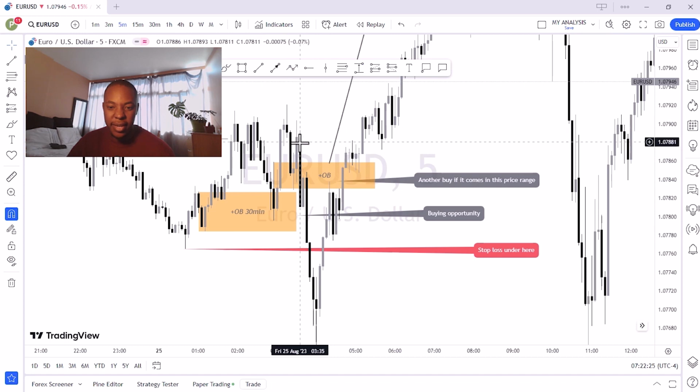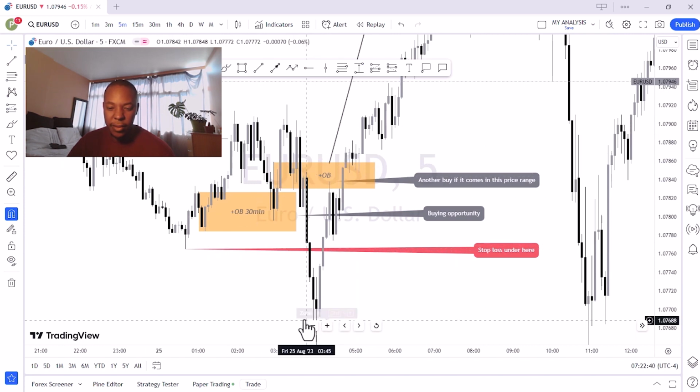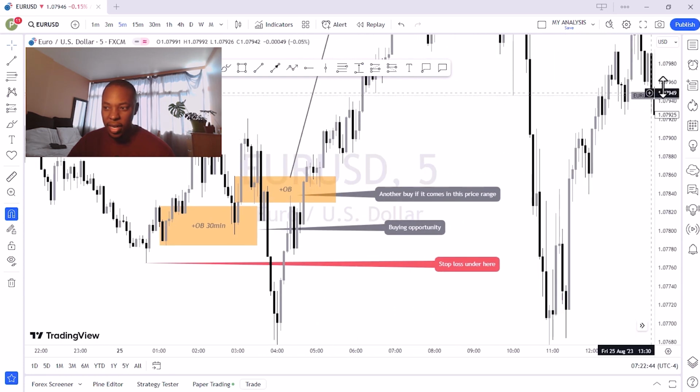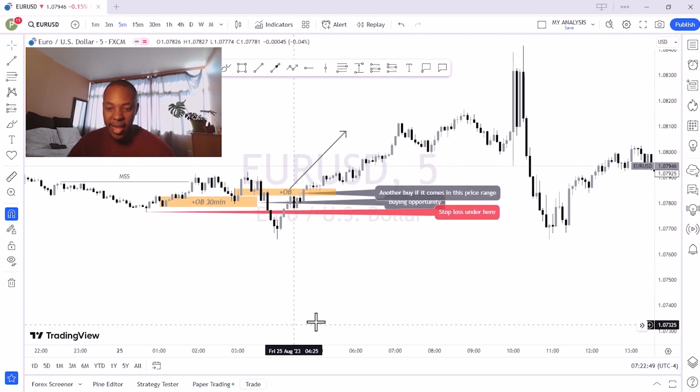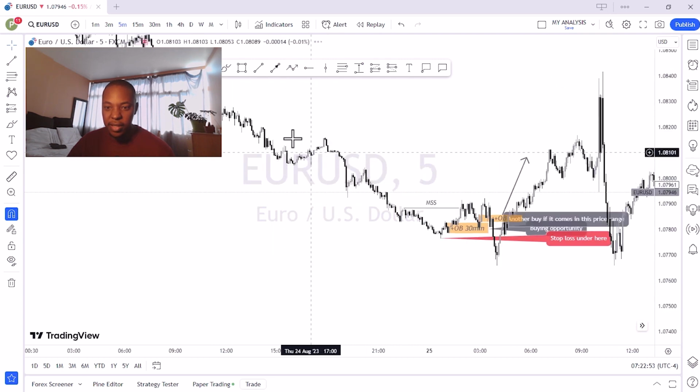We just went up a bit, and as you can see, the Euro USD was the weaker one. My SL was a little bit below this swing low here. As you can see, it did go down to trigger our SL, and then after that started pushing up, going to the TP levels that I had, which it did, because first TP was on this buy side liquidity here.